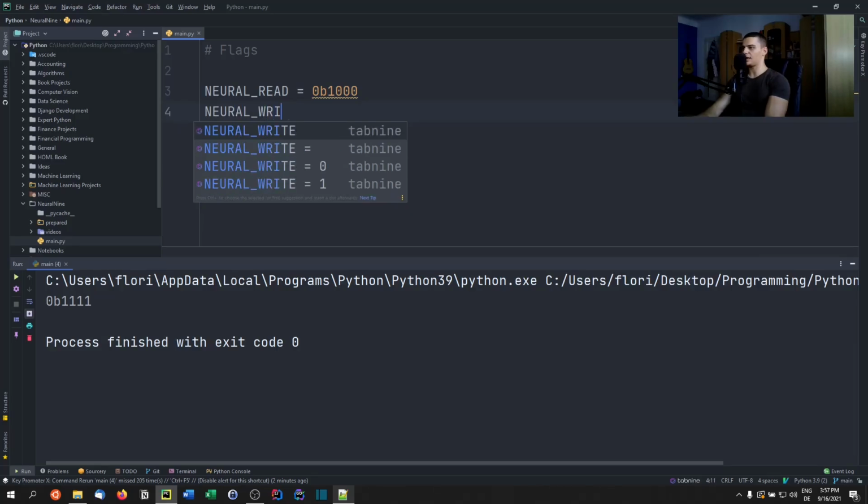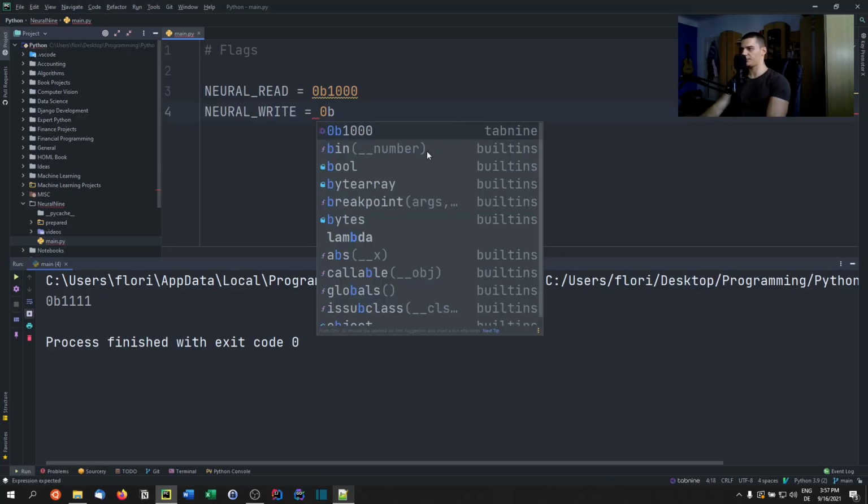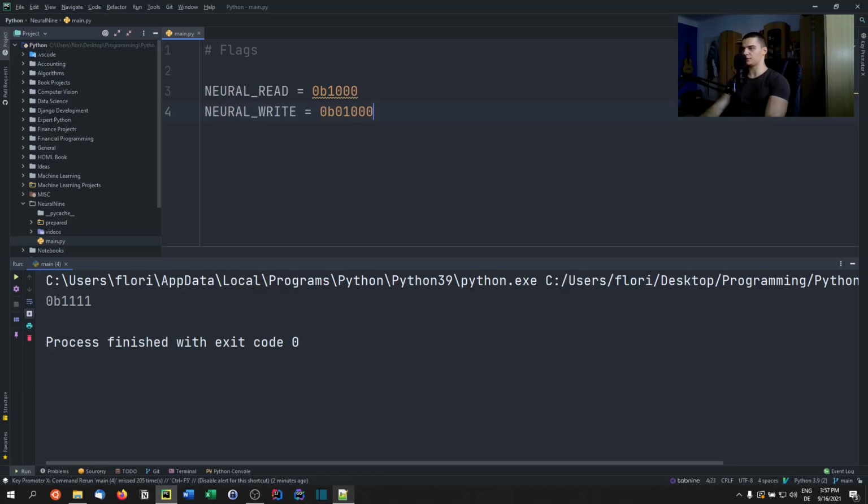Now NEURAL_WRITE would be 0b0100. So only the flag for this particular permission is going to be set to 1, and the rest are zeros. And I can do this for execution as well. So NEURAL_EXEC and NEURAL_CHANGE. And I'm going to say 0010 and 0001. There you go.